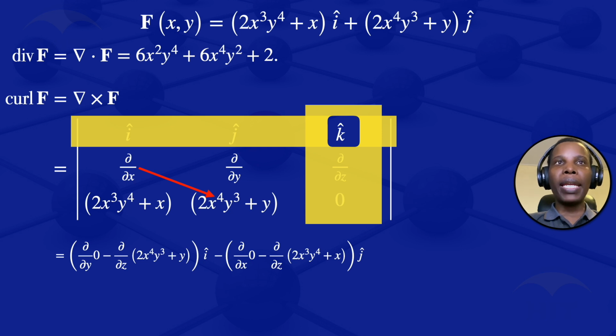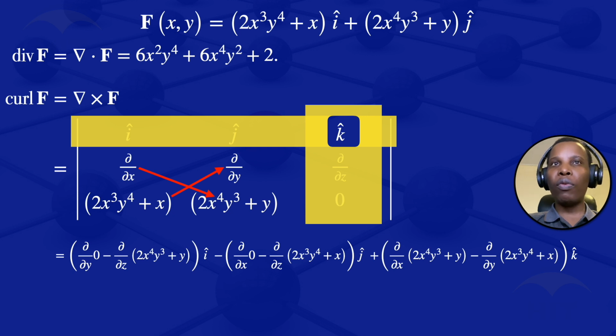Then minus the partial derivative with respect to y of 2x cubed multiplied by y to the power 4 plus x. So I'll write it down there, plus the partial derivative with respect to x of 2x to the power 4 y cubed plus y minus the partial derivative with respect to y of 2x cubed y to the power 4 plus x, k. We are having a plus just because the k there is sitting on a positive.